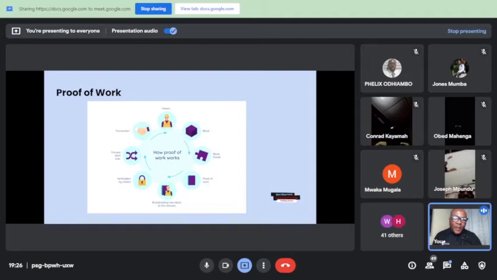If I can pause here to just explain something, look at the way it was used earlier on in email. In case you've got a user who is just continuously sending data to an email server or a website, they would make it crash, isn't it? So what they did, they produced the proof of work, in which for a computer to be able to send mail to the server, it had to prove work.